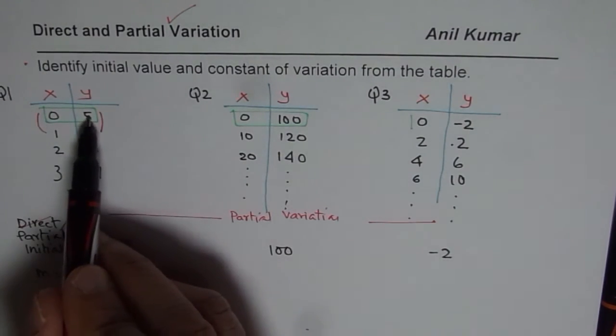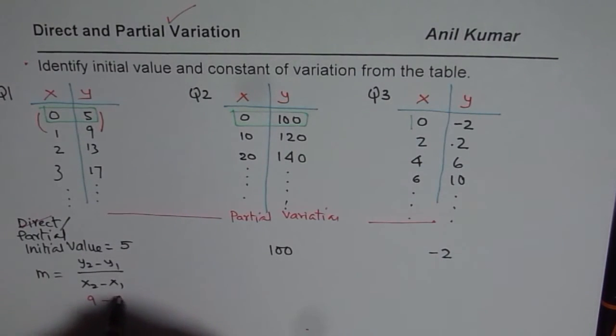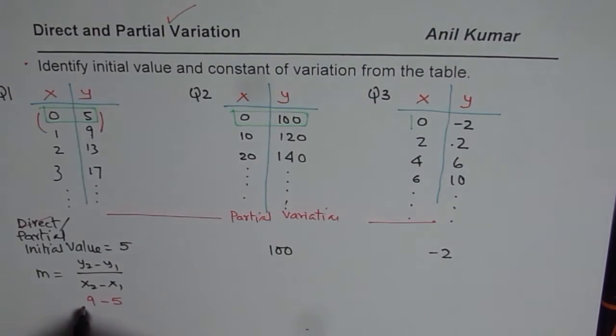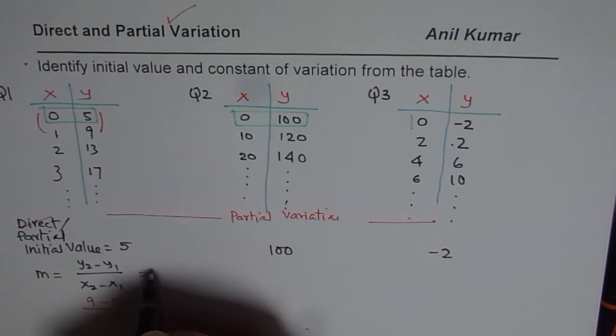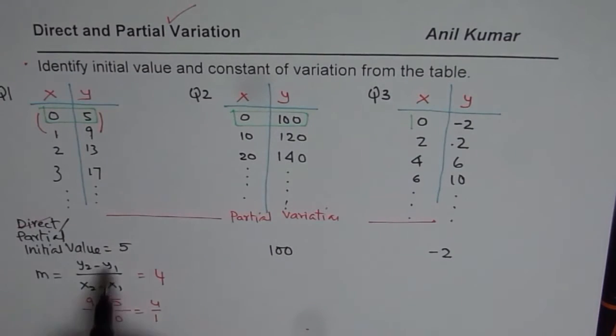Now what is the difference between 9 and 5? So we can write this as 9 minus 5 divided by 1 minus 0. So that gives us 4 over 1, so that is 4 for us. So in this case, constant of variation is 4, initial value is 5.